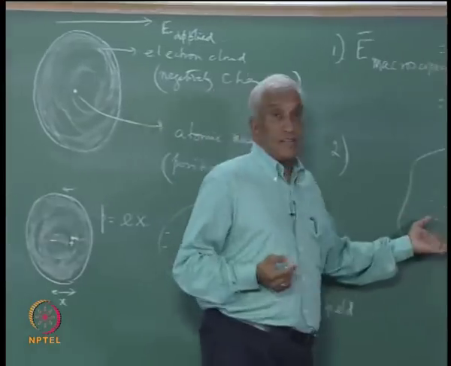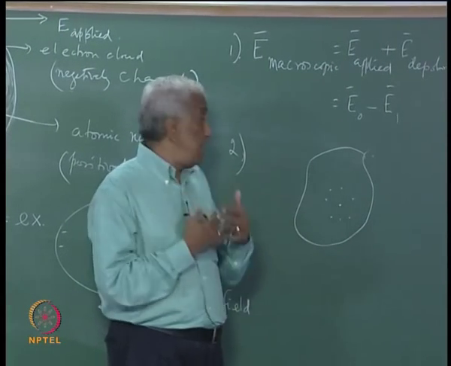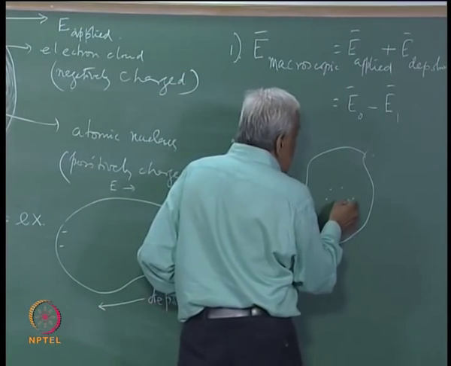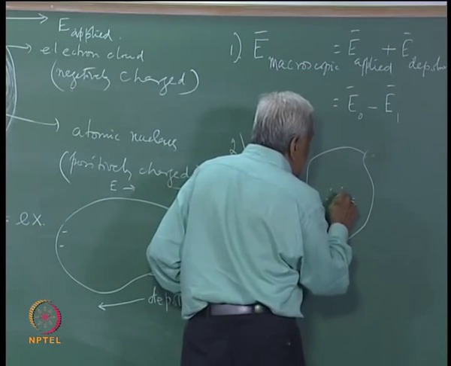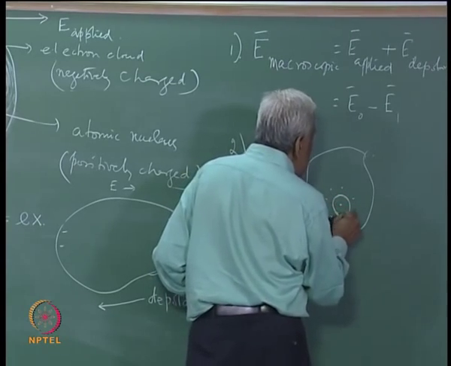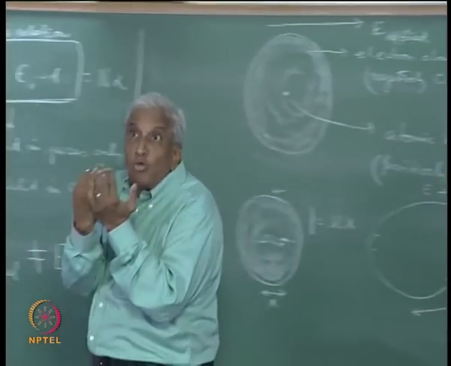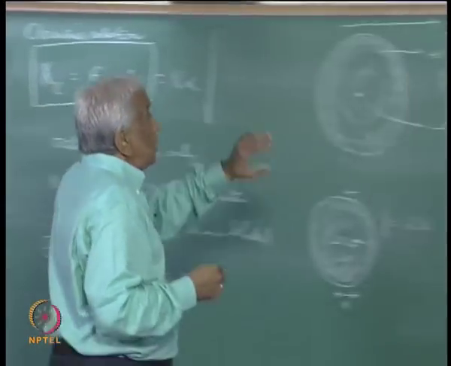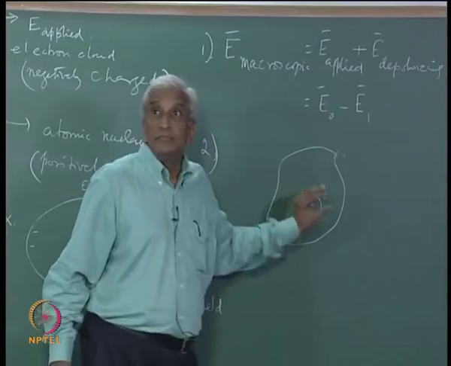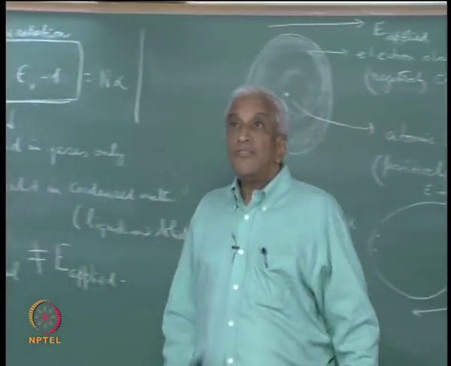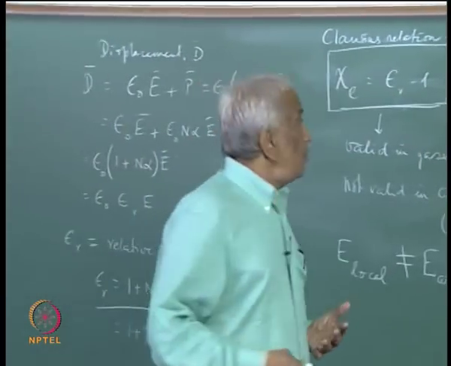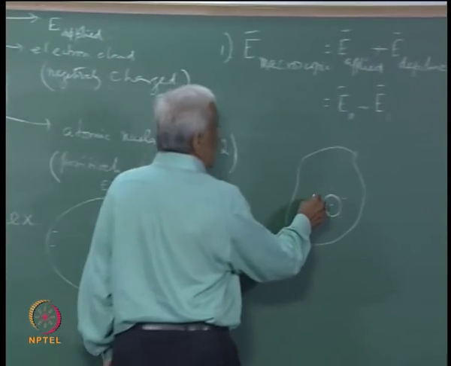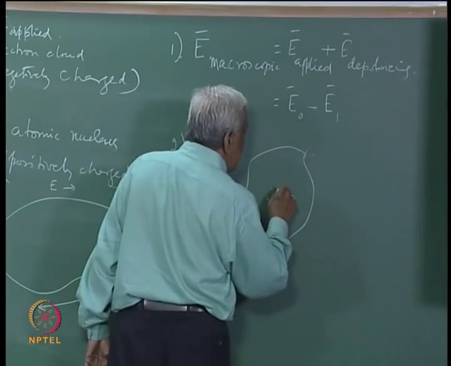This situation can be considered quantitatively by considering a spherical cavity. We assume that we scoop out of the dielectric material mentally, of course, a spherical plug, and therefore, now you have charges on the surface of this cavity.